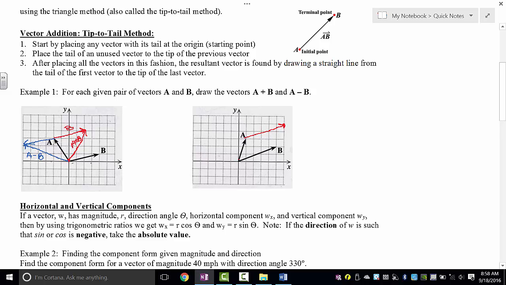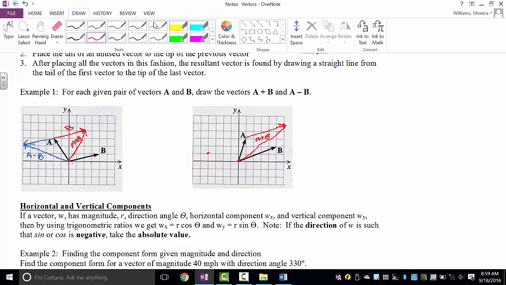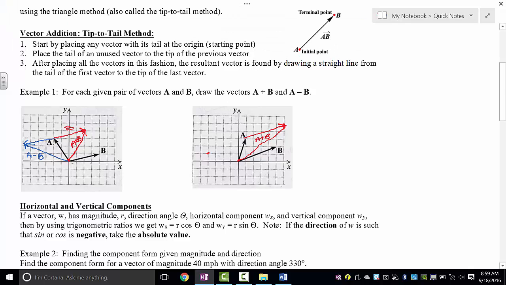A plus B is from the beginning of A to the end of B. A minus B, I'm going to fall down 2 and go to the left 5. So again, start at the beginning of A and end at the end of B. A minus B.